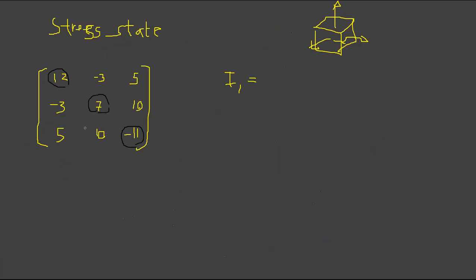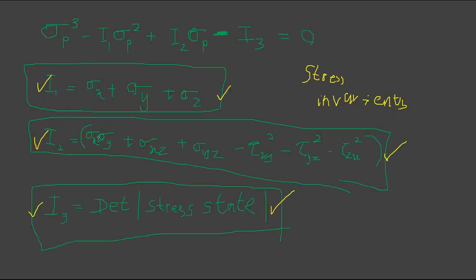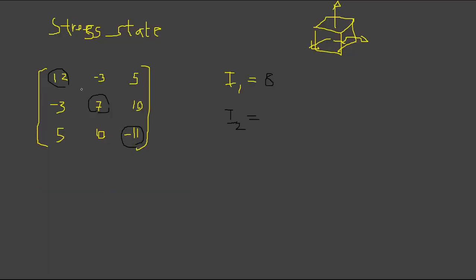I1 is what? 19 minus 11, that is 8, right? So I2 is sigma x sigma y, 12 into 7, it's 84.